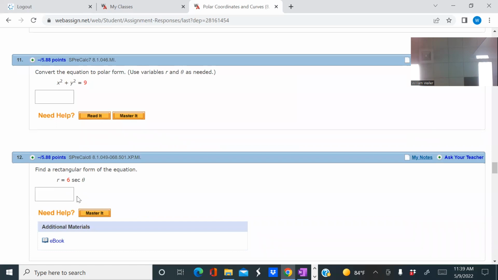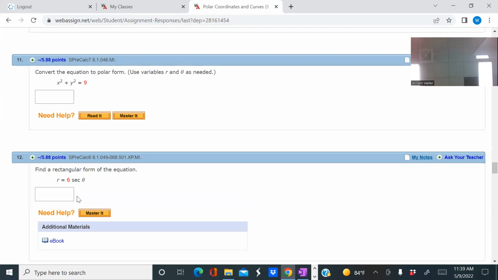All right, let's look at 11 and 12 though, especially number 11. Let's see if we can take that equation, which is in rectangular coordinates, and convert that to polar coordinates.